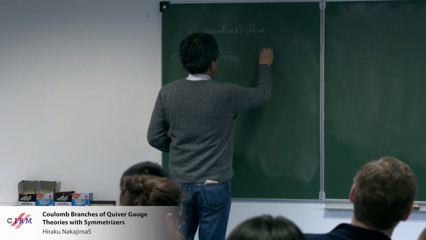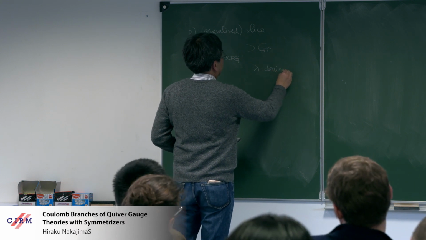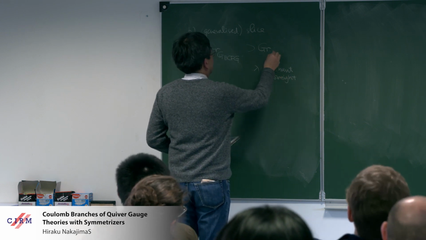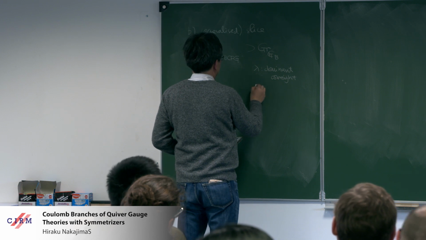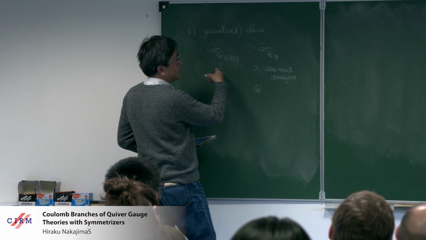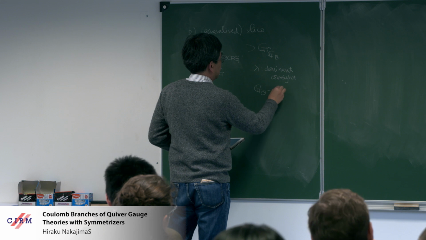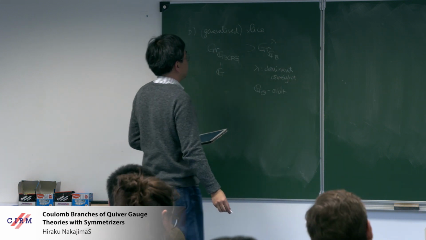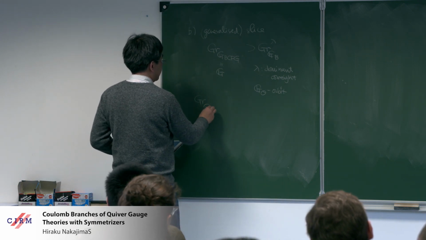For each choice of lambda, a dominant coweight, you have the orbit G of lambda, and then you consider the closure.